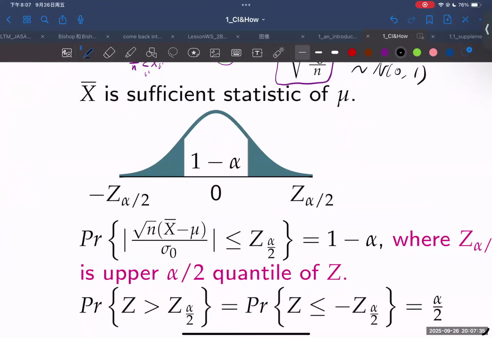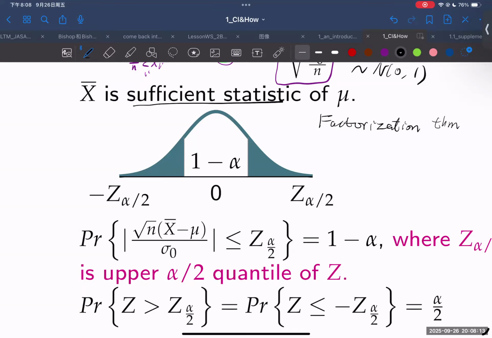Next, you can see x bar is a sufficient statistic of mu. So what is a sufficient statistic? It means that if you remove some observations, the remaining information would be unrelated. This is a concept that is hard to judge. If you really want to judge whether a statistic is sufficient, you use the factorization theorem, 因子分解定理.